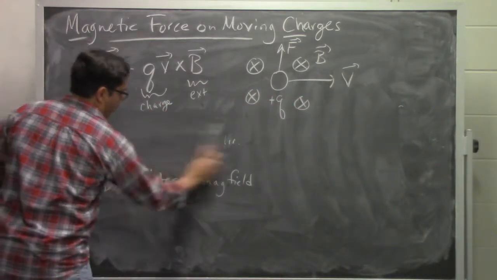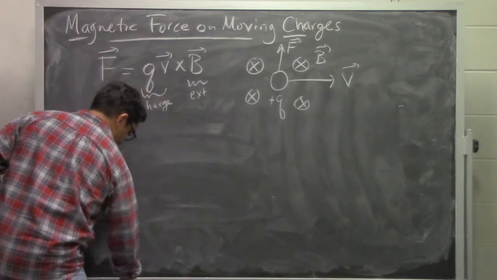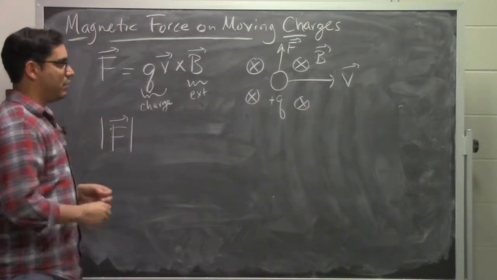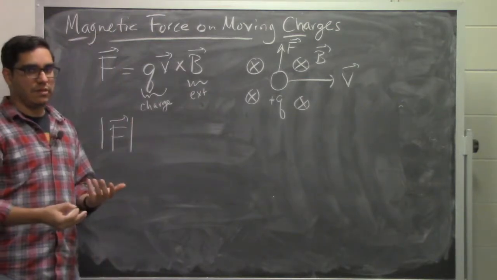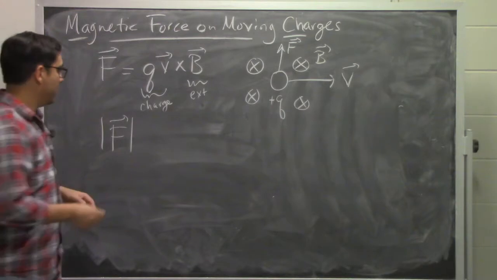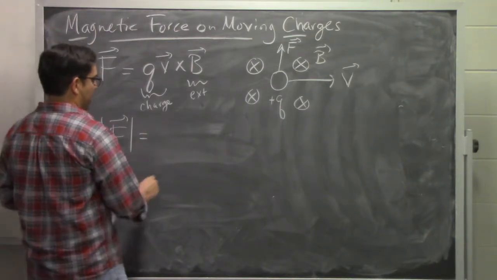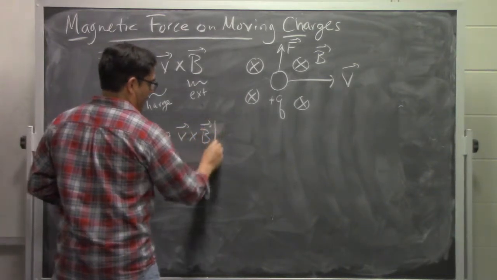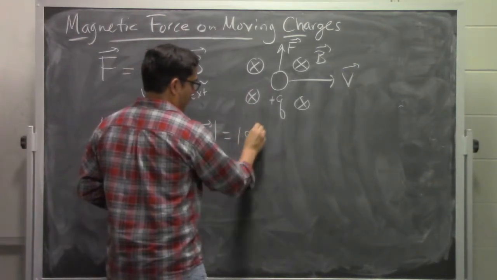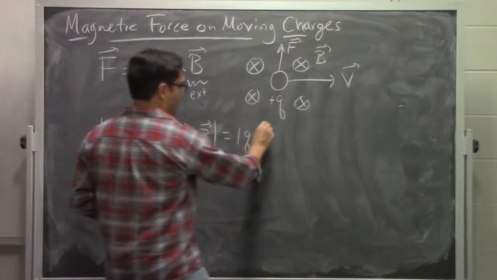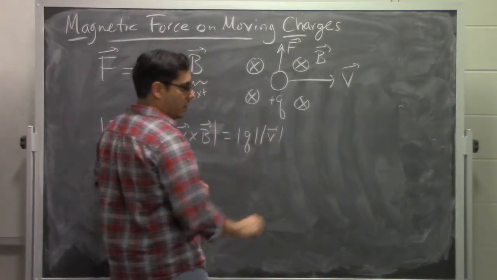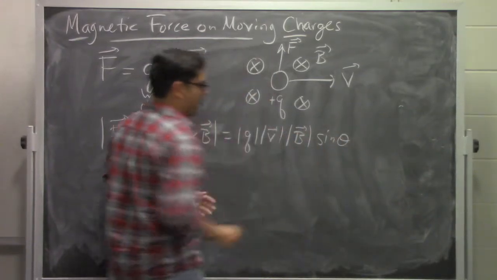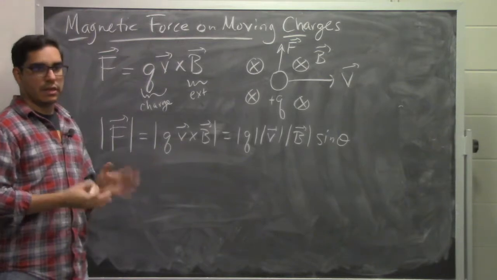So one other thing to pay attention to here is that we can actually calculate the magnitude of this force by considering just the relative orientation of the velocity vector and the magnetic field vector. So if you were to take this magnitude, you would be taking the magnitude of QV cross B, which is going to just give you the magnitude of the charge, so no sign anymore, the magnitude of the velocity, so just the speed, the magnitude of the magnetic field, times the sine of the angle between the velocity vector and the magnetic field vector.